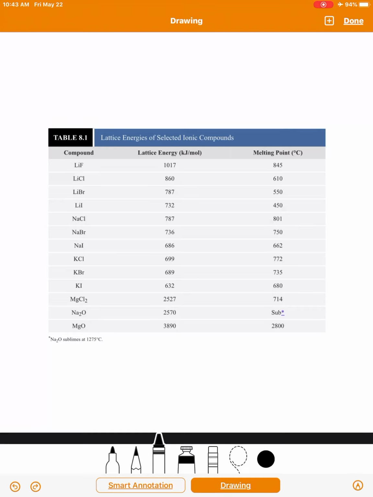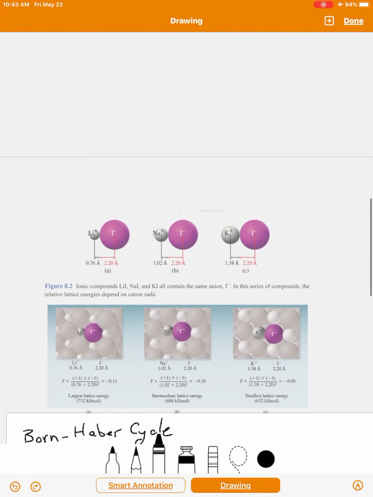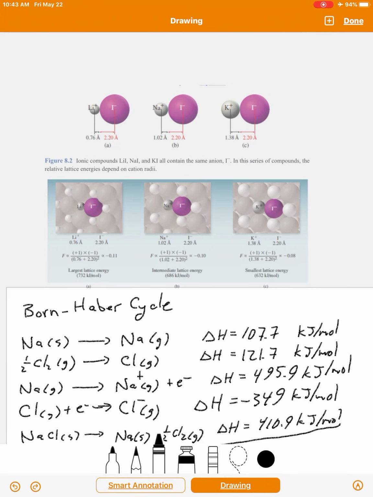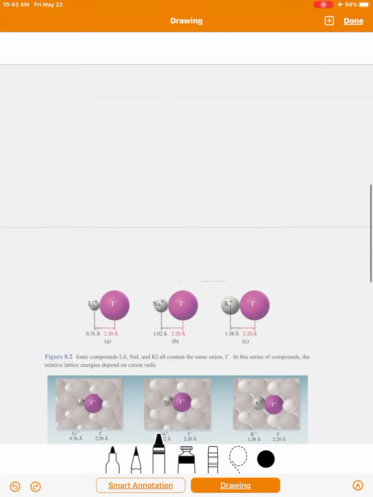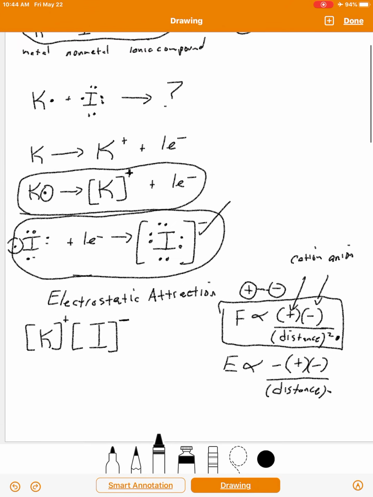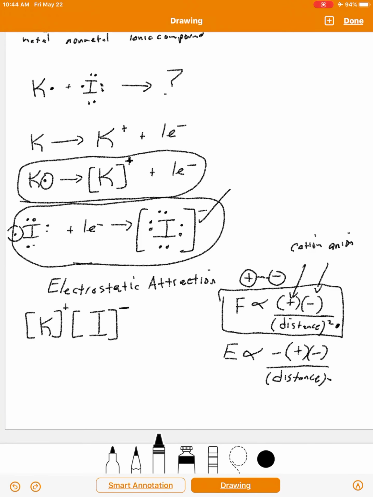The reason for that is that the lattice energy also depends on the amount of charge. So if the charge gets bigger, the energy gets bigger, right? So it's also proportional to the amount of charge.